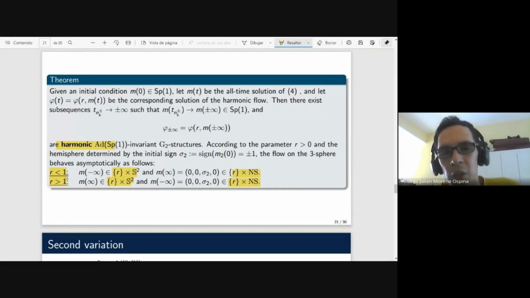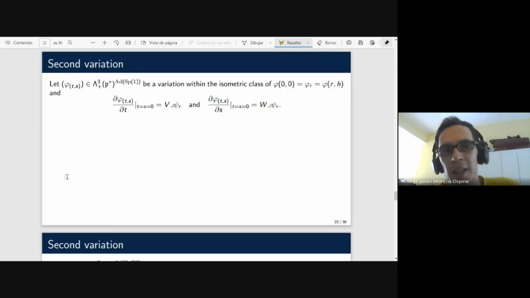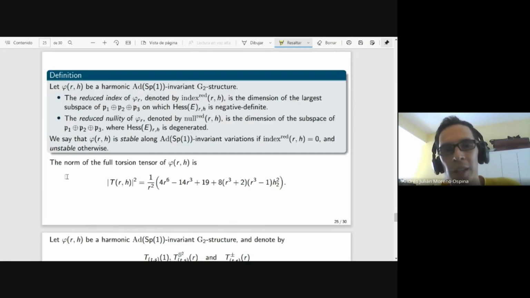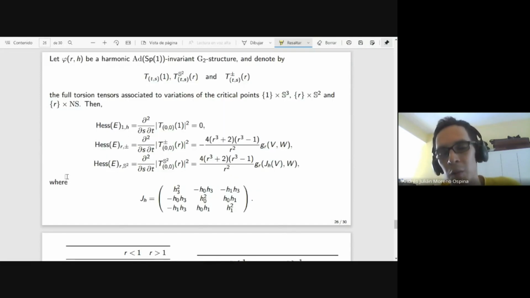With this, you can try to study the second variation and obtain stability conditions, but you can just obtain some results about the unstable.